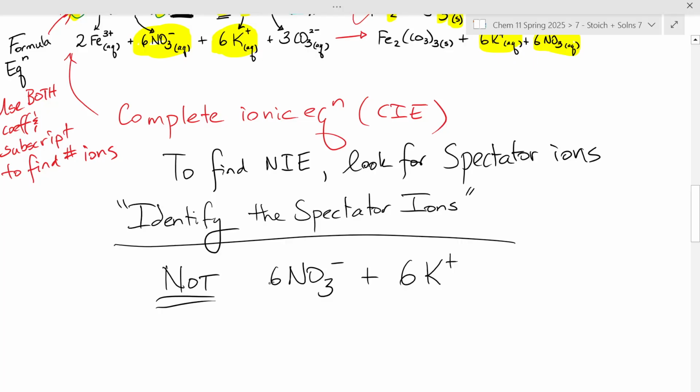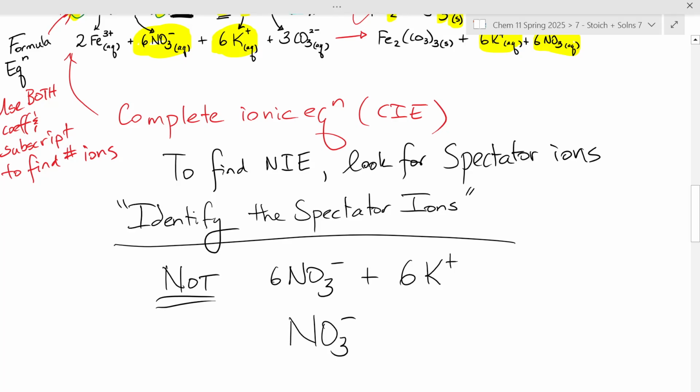I don't want you to say 6, because that implies that there are only 6 nitrates which are spectators, whereas you have moles and moles and moles of these things. You have millions, billions, trillions of these ions. So you don't want to say just 6 of them are spectators. You just want to say NO3 minus.